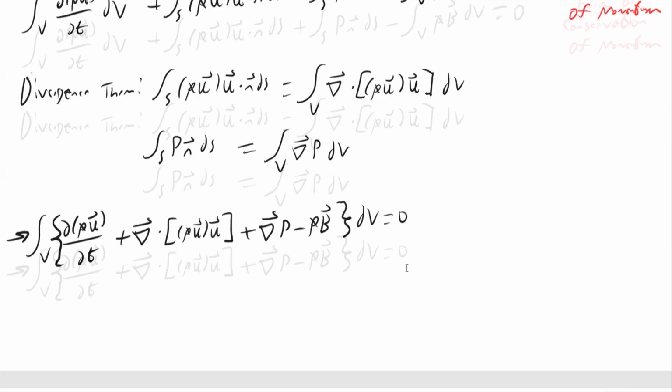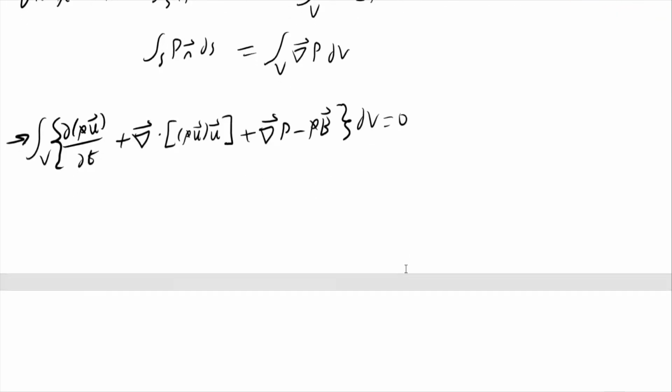Well, now we once again note that the volume of the control volume is arbitrary. In other words, the only way for this integral to be true is if the integrand itself is equal to 0. So we obtain the following.